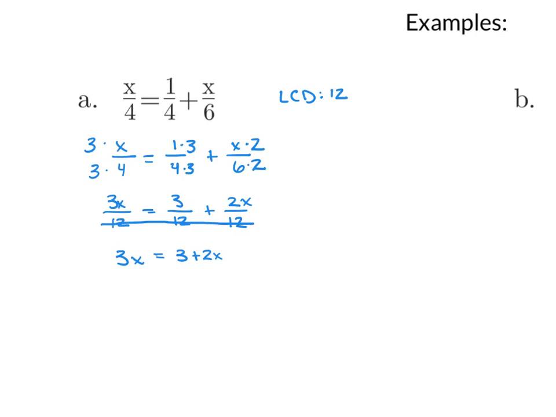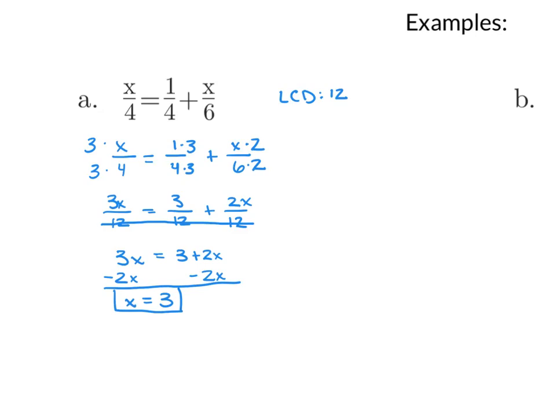So remember, with linear equations, we want to move all of our variables to one side and all of our constants to the other. In order to do this, I'm going to subtract 2x. And our final answer is x equals 3. We don't have to worry about the denominators being 0 since all of our denominators were constants. And so x equals 3 is our solution.